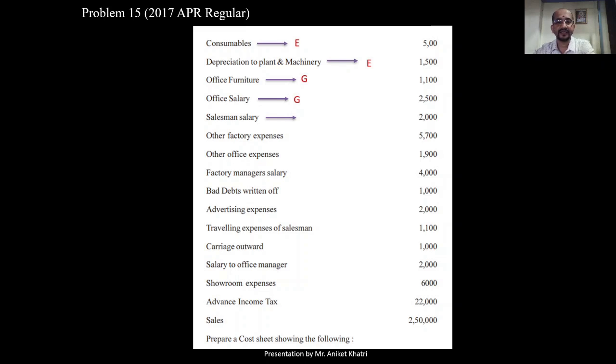Salesman salary K. Other factory expenses E. Other office expenses G. Factory manager's salary.